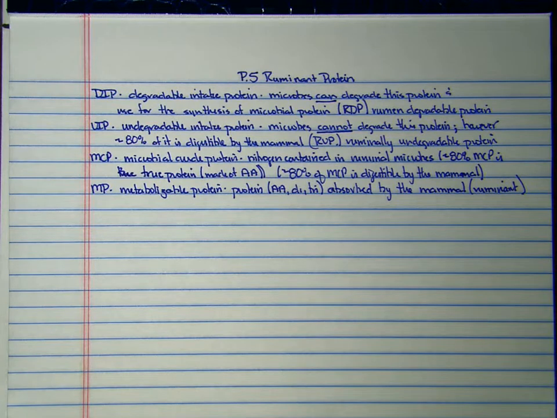Okay, and so that's metabolizable protein. How much protein the animal can actually utilize to meet its protein requirements for growth, lactation, wool growth, and maintenance, right? And so that's what we want to know, is how much metabolizable protein is available.